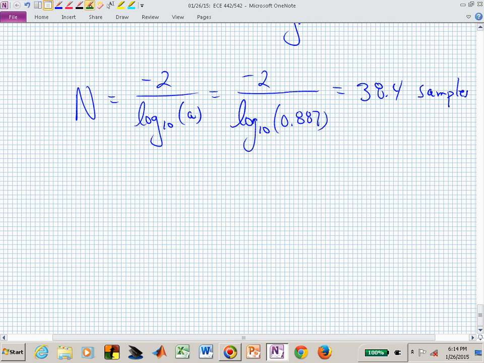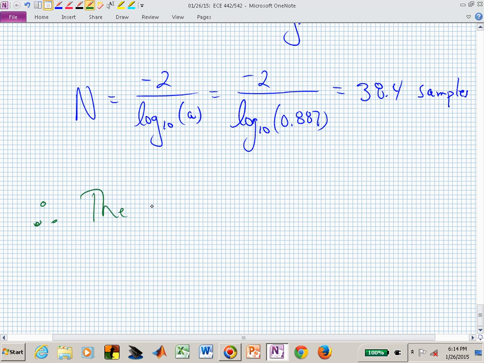And how long is it going to take that system with a value of a of 0.887 to settle to 1% of where you started? We don't have a non-integer value of samples, do we? So that n equal to something that's 38.4 isn't quite right.